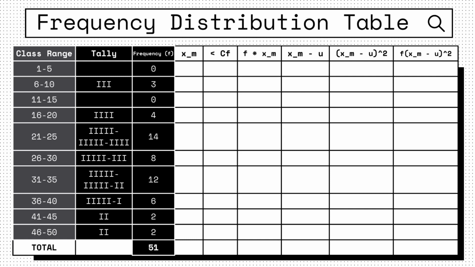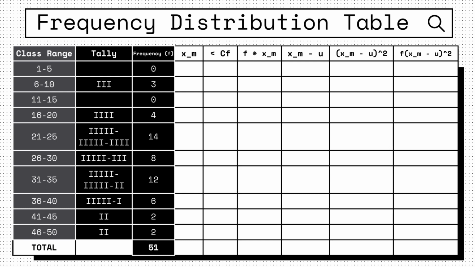According to the given data, there are 0 students who got a score from 1 to 5, 3 students got a score from 6 to 10, 0 students got a score from 11 to 15, 4 students got a score from 16 to 20, 14 students got a score from 21 to 25, 8 students got a score from 26 to 30, 12 students got a score from 31 to 35, 6 students got a score from 36 to 40, 2 students got a score from 41 to 45, and lastly, 2 students got a score from 46 to 50.